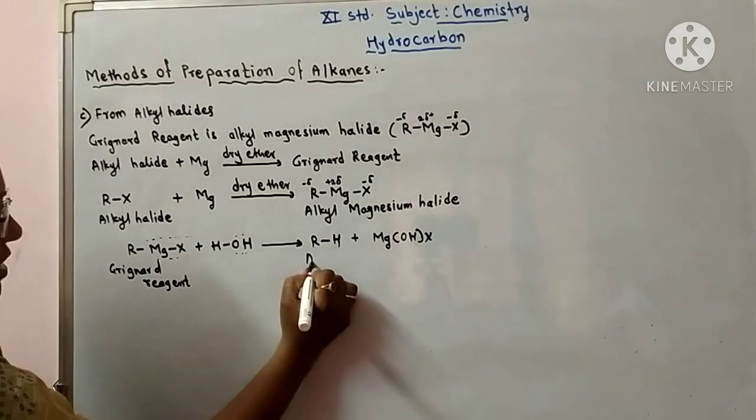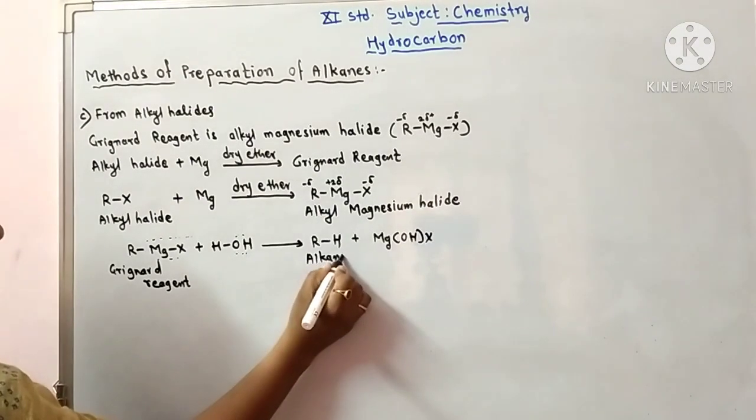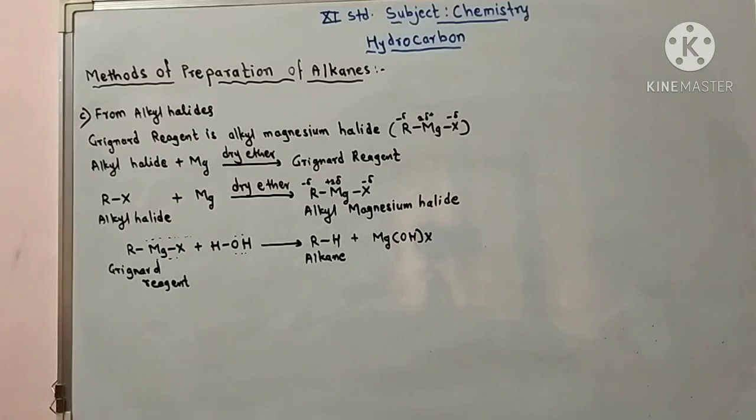So alkane is obtained. So using alkyl halide as a starting compound, it is converted to Grignard's reagent when it reacts with the reactive metal magnesium in the presence of dry ether, and that Grignard's reagent on treatment with water is converted to alkane.